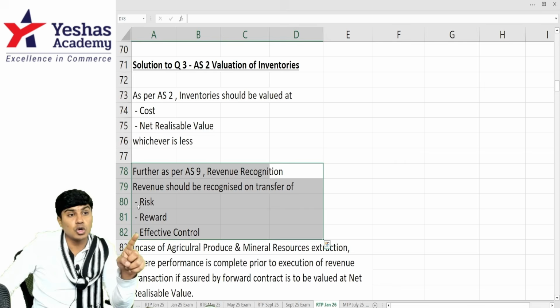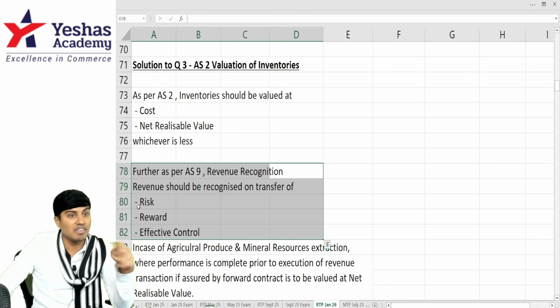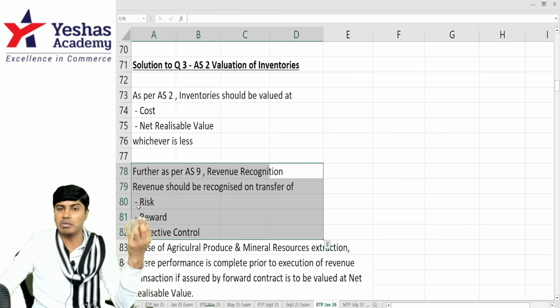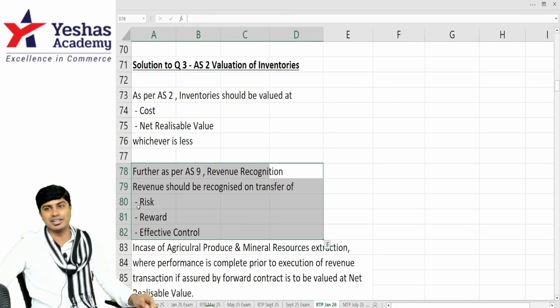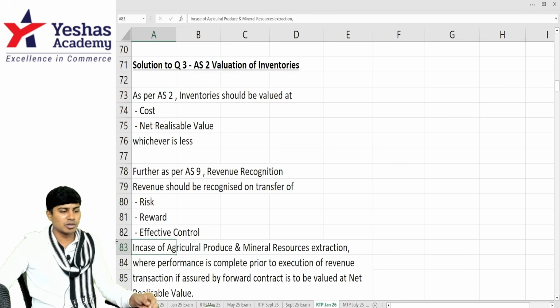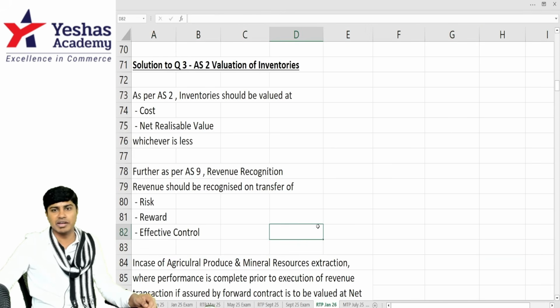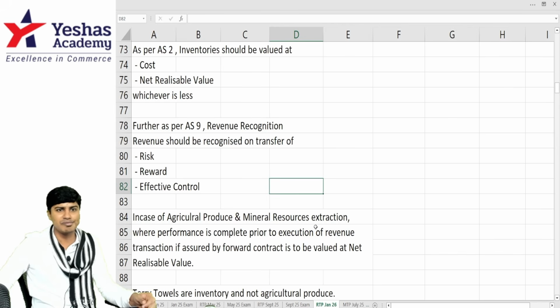Accounting standard 2 allows you to value the inventory at NRV if it is agricultural produce. Terry towel might be made of cotton. Cotton might come from plant. Plant growing might be agricultural, but towel is not agricultural produce. If towel is agricultural produce, from tomorrow I will sell fancy clothes and say it's agricultural income and I will not pay income tax on the same. Will you leave me?